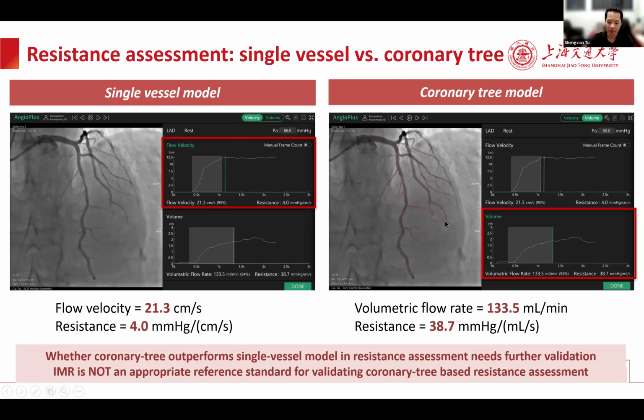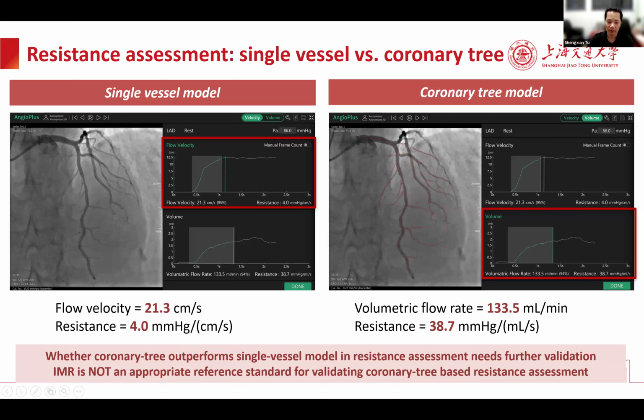If you have the flow, and if you can also obtain the aortic pressure, you will have the resistance. So if you calculate the resistance now with the software, you have two resistances. One is quantified by the flow velocity in the main vessel, and this will be comparable to the Doppler.